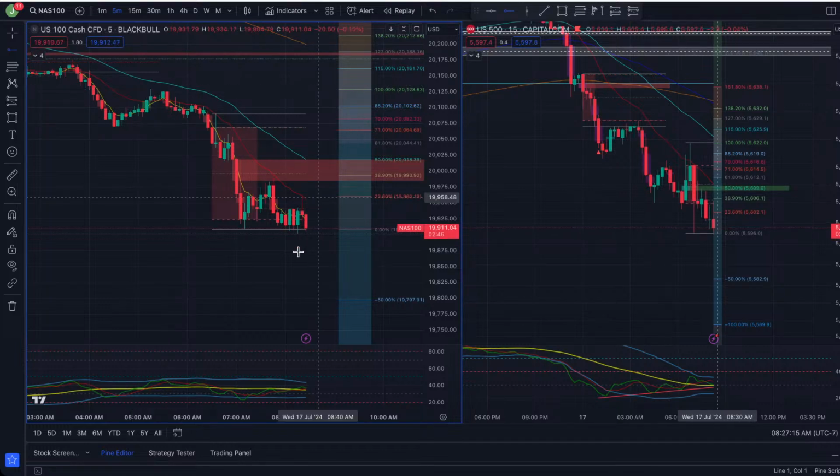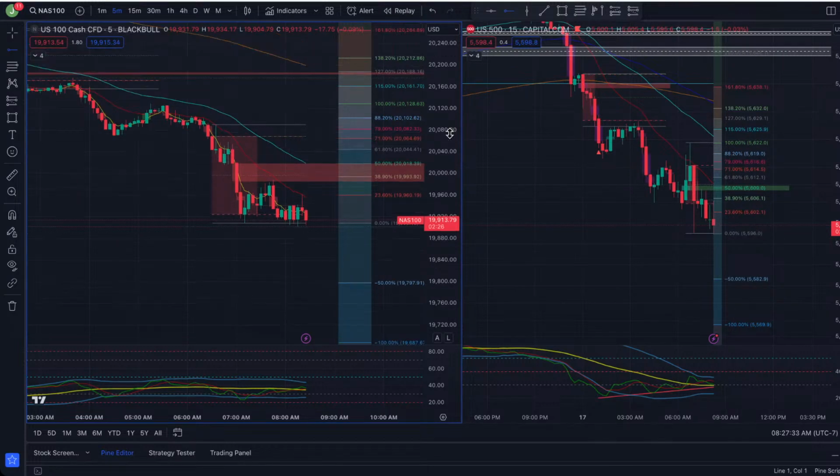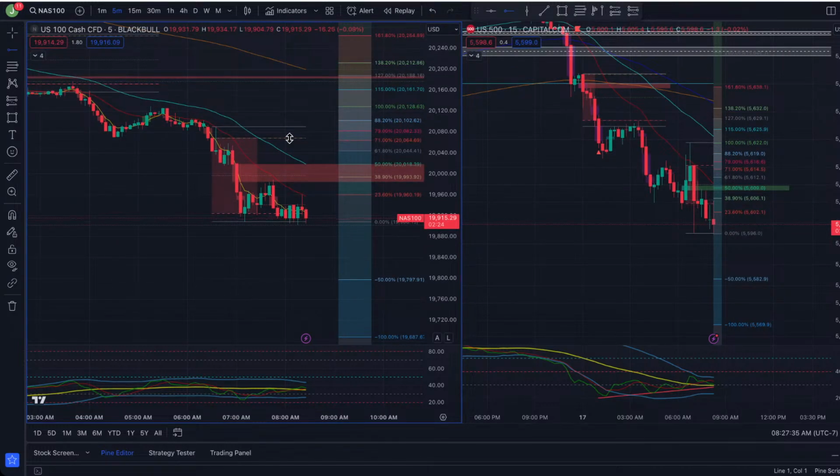It's once we get a confirmation, which hopefully it gives us. And we'll just wait for that retracement. Our 1 to 3 is actually not going to be that far. Or at least that's our goal.